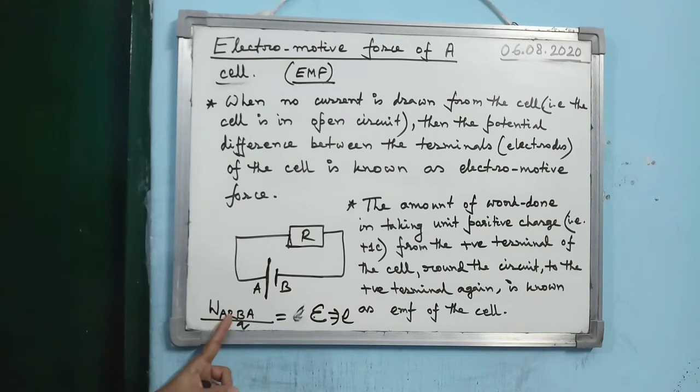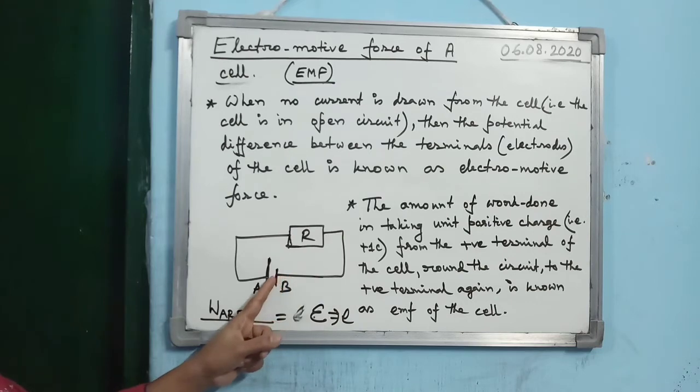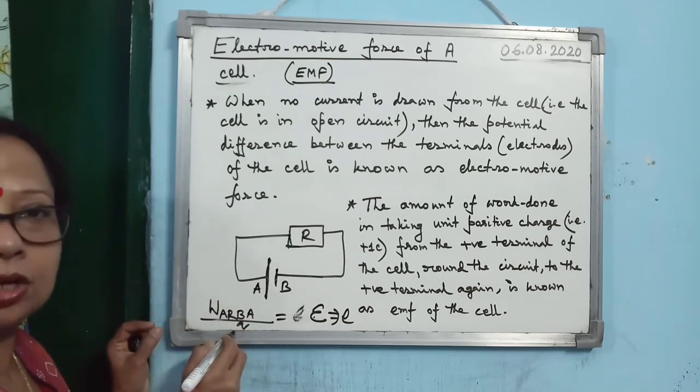Okay, so ARBA. So you see, starting from the positive terminal round the circuit, again you are going through, what is there in between B and A? Electrolyte, through the electrolyte, and then again coming to the positive terminal. So here I have considered this is the work done to take Q amount of charge. Alright.